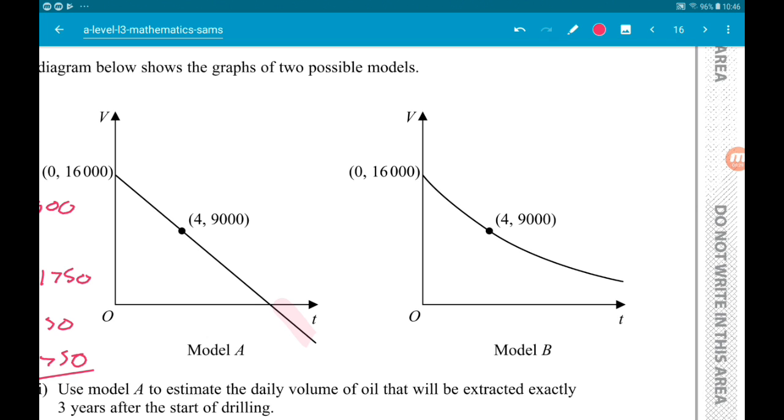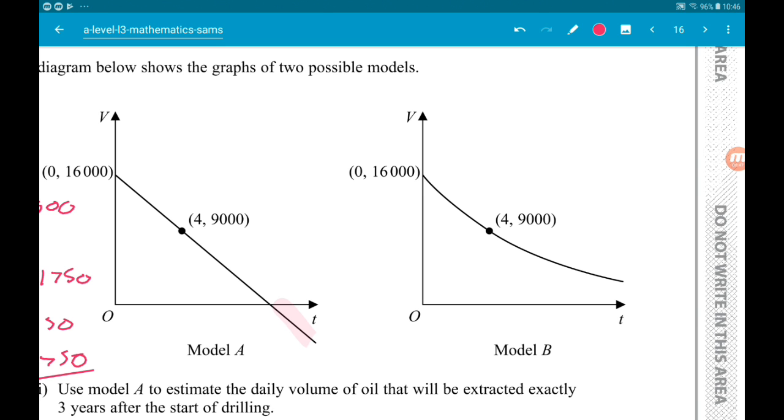So instead of exponential growth, we have exponential decay. So that means the power of e in the model is going to be negative.